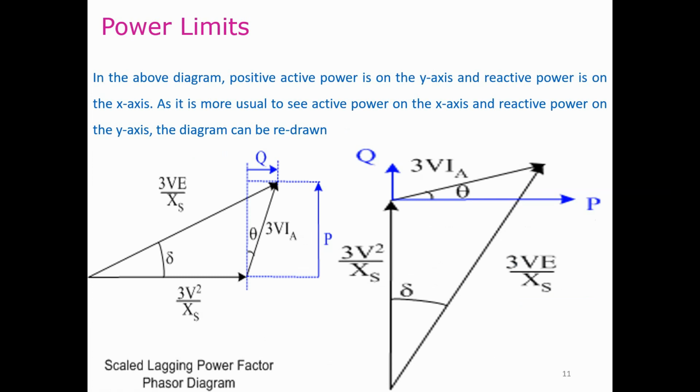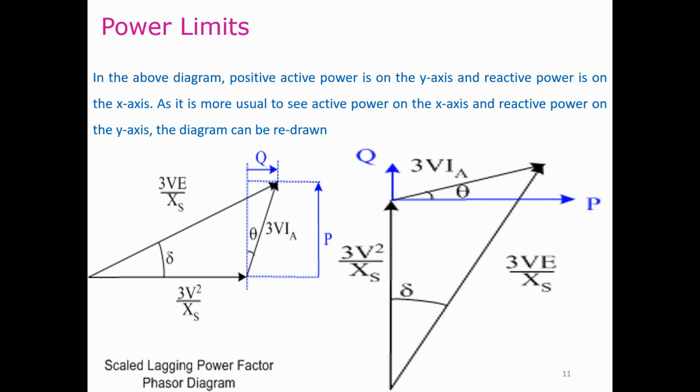Now further, we need to transfer this diagram into the PQ diagram, and obviously we are taking the active power on the x-axis and the reactive power on the y-axis. So this diagram is rotated by 90 degrees in clockwise direction, and then the mirror image is taken.